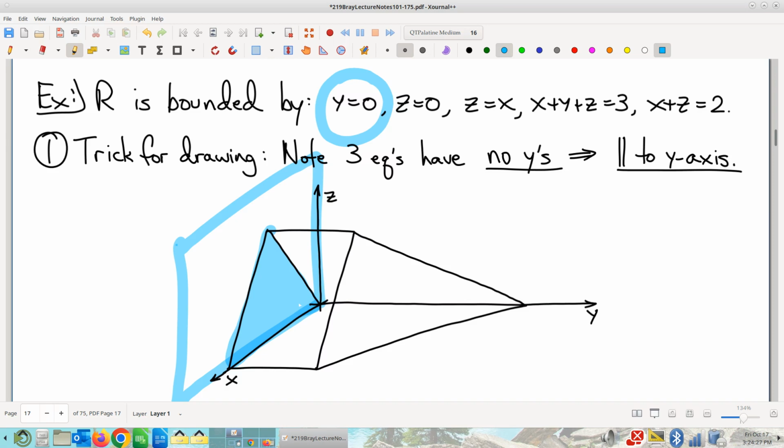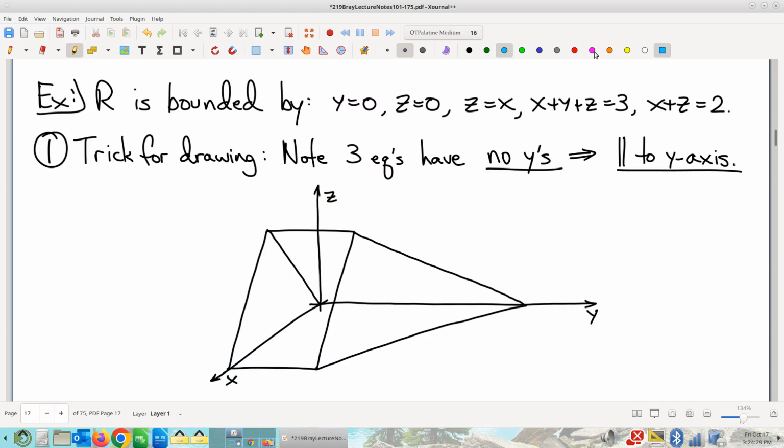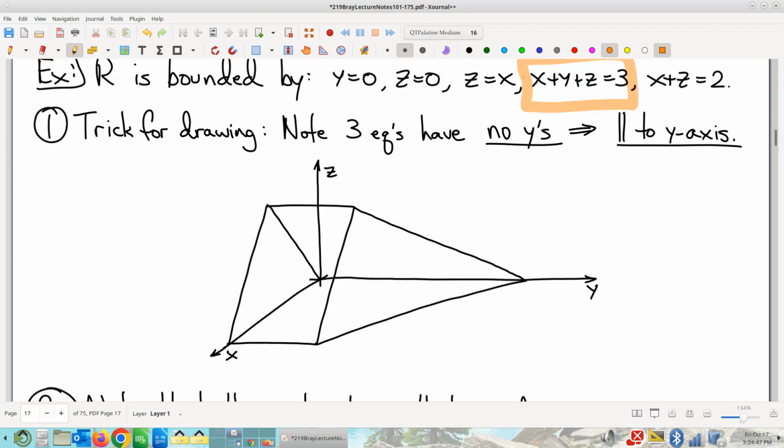The last one, yes, there's a little bit of effort in this last one. We have this equation. That's not parallel to any axis. But it's ultimately just one plane. It's not such a big deal. You can persuade yourself that it intersects the axes at 3 on all 3 axes.